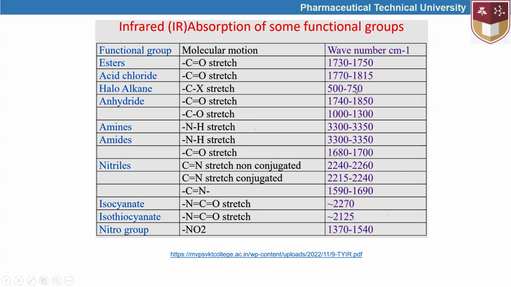So the difference, I mean, the range is quite wide. We can see interactions in amines and amides that are close or practically similar to each other. So sometimes it can be a bit difficult to find the relationship based on the wave number.